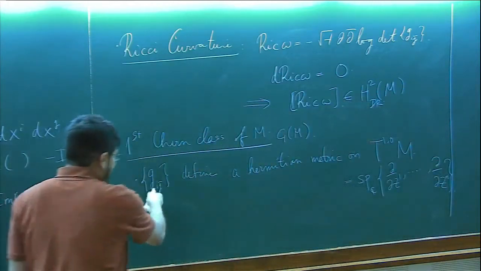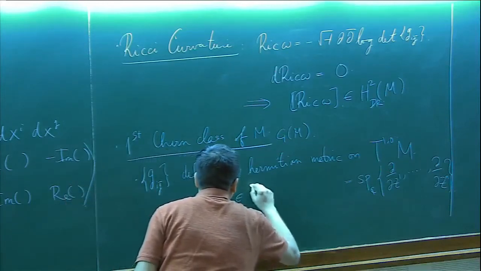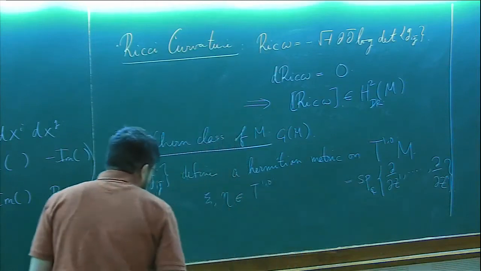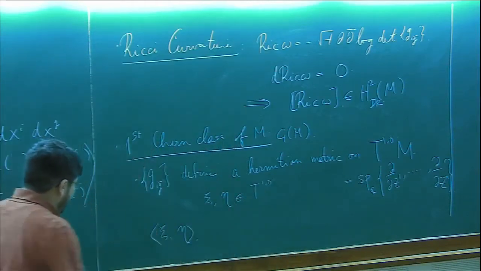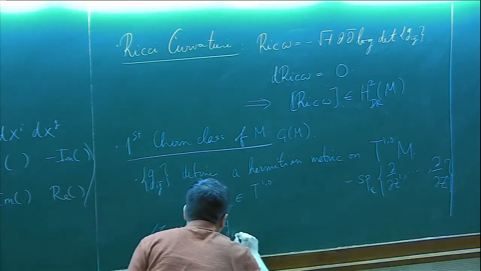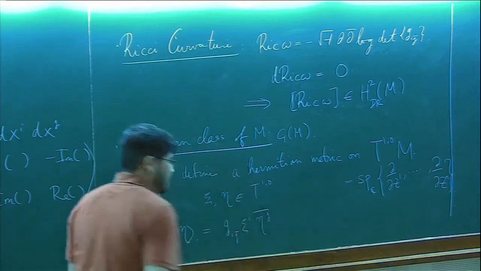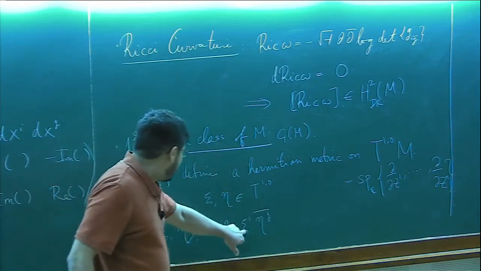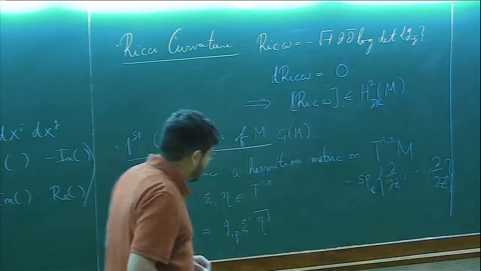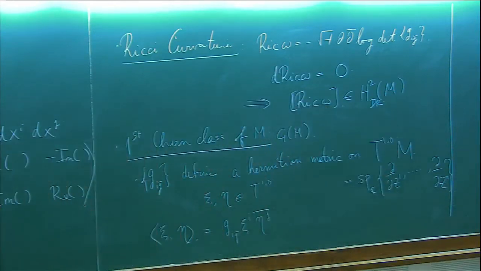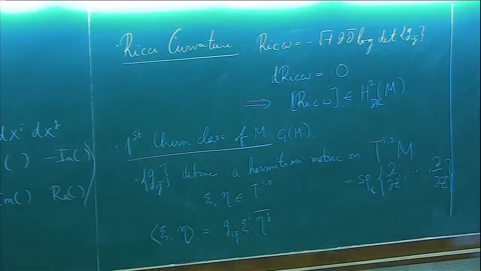And what is the metric that it defines? Well, let's say you have two elements ψ and η here. Then in order to find the inner product, you define it to be G_{ij̄} ψ^i conj(η^j), where ψ^i is the component of ψ in the ∂/∂z_i direction. That defines a Hermitian metric on the holomorphic tangent bundle.